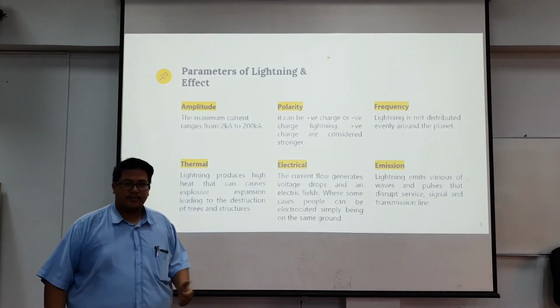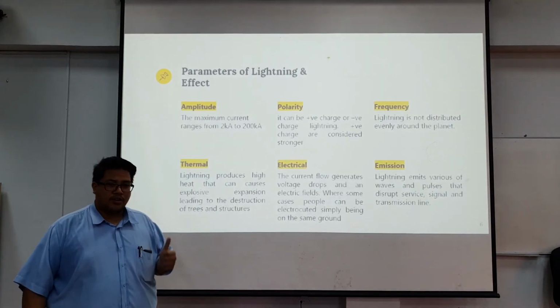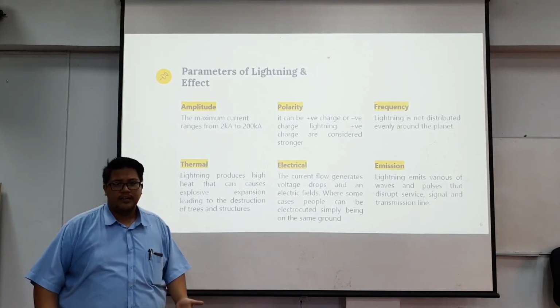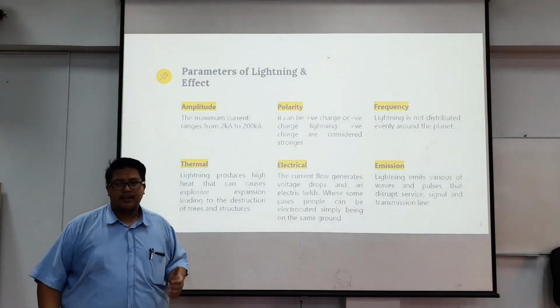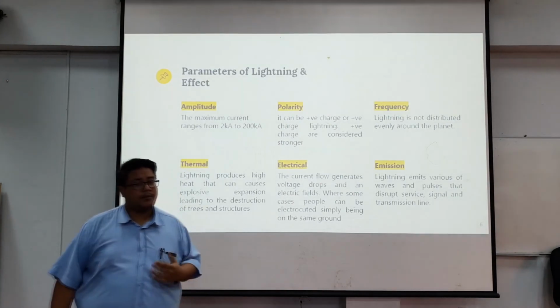The effect of lightning itself can produce heat. Lightning can cause burns, fire, harm, fire damage, and it can cause explosions. Those are very bad effects of a lightning strike. And other than that, this is the important thing when talking about lightning.